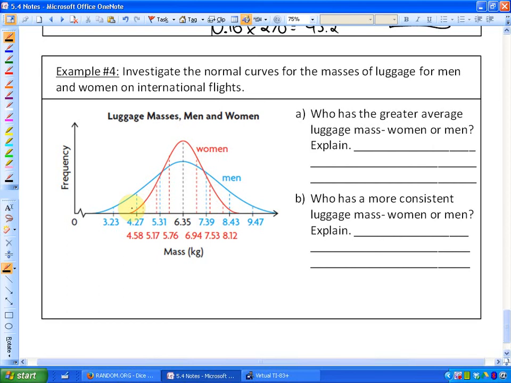What we're investigating here is the standard deviation and the mean. So for men, the mean is 6.35, and for women, the mean is also 6.35. So they're actually identical. So who has a greater average? Neither. They are the same.